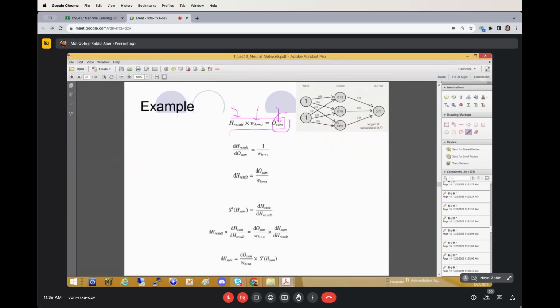So here is delta hidden results by output sum, and here is the WHO.